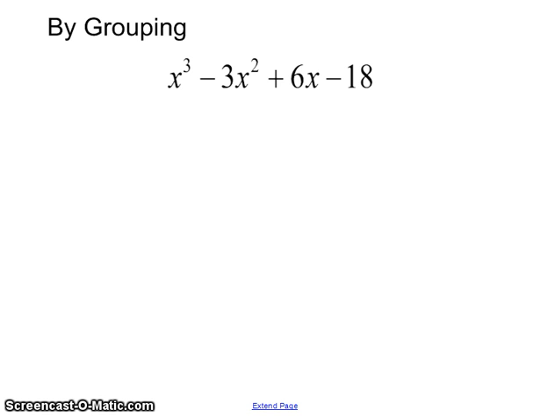The last one is by grouping. You're going to use by grouping anytime you have a polynomial with 4 terms. And we actually just showed you by grouping when we did the last problem.